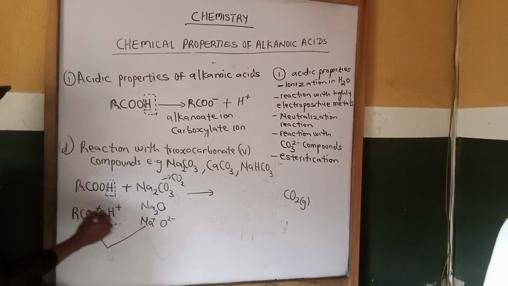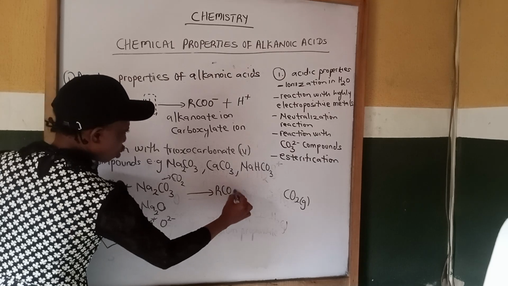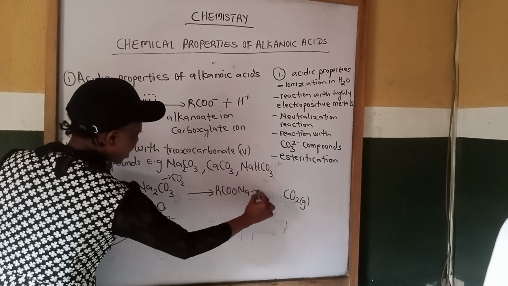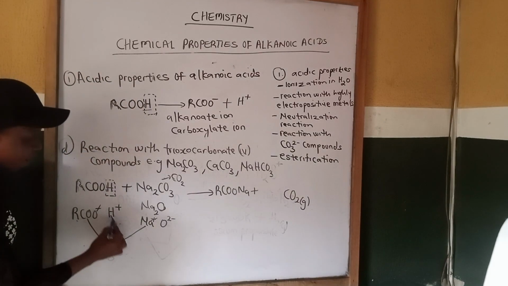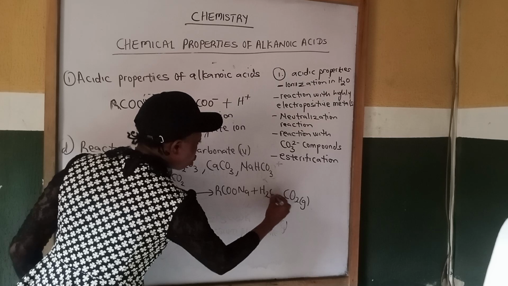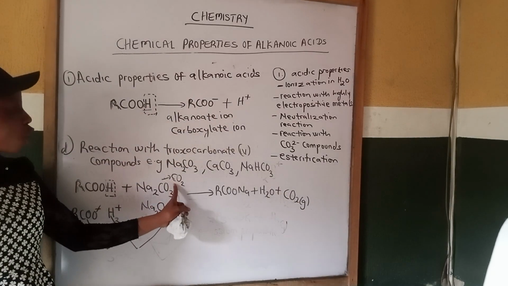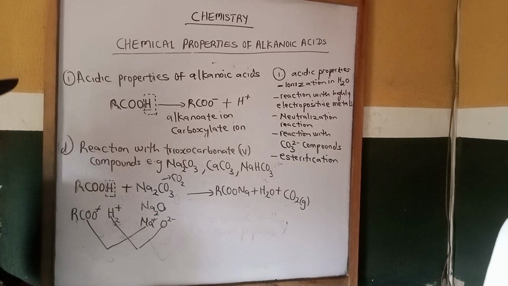So minus 1 cancels plus 1 to give you RCOONa. Then we have hydrogen and oxygen, so hydrogen will combine with oxygen to give you H2O. Then plus the CO2 gas that evolved from the trioxocarbonate IV compound.